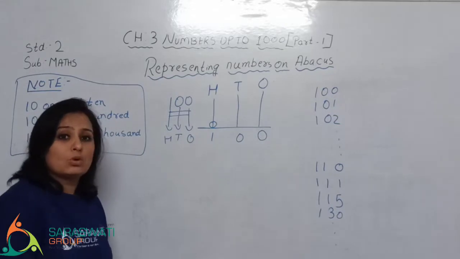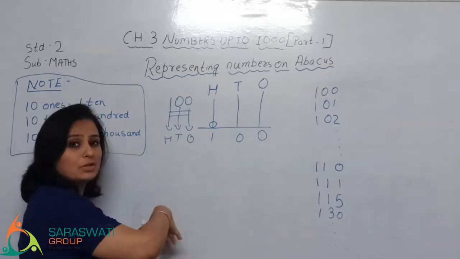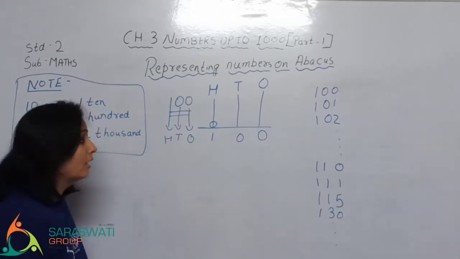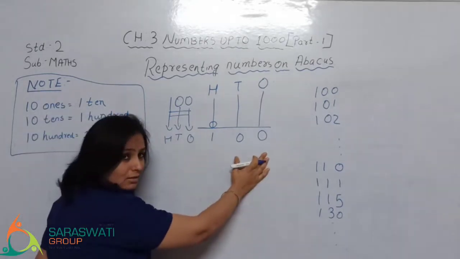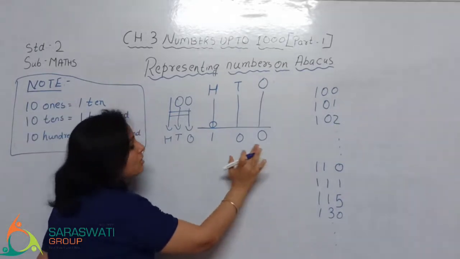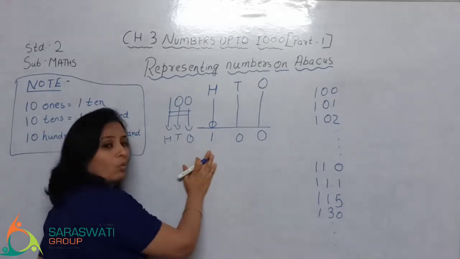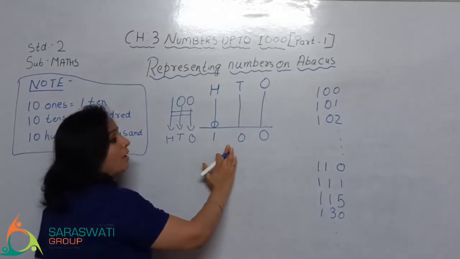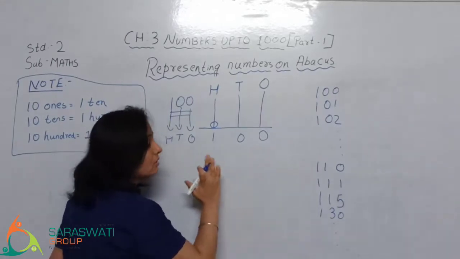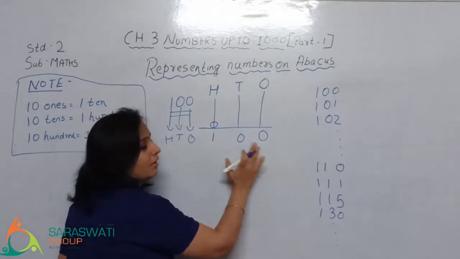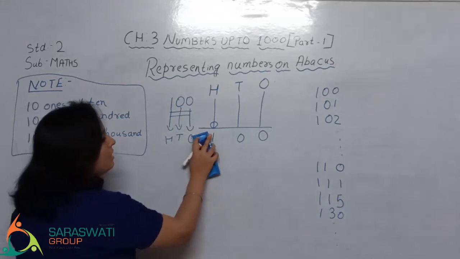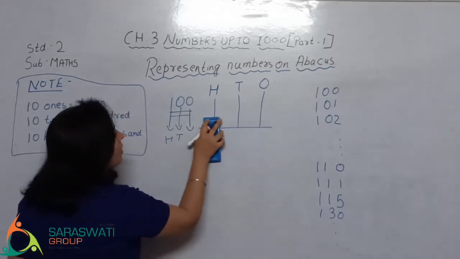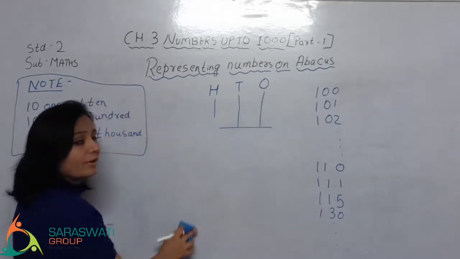So जब हम इसको काउंट करते हैं या जब हम इसको बोलते हैं तो ये कैसे बोलने का? 0 ones, 0 tens, and 100. So how will you speak? 100, right?